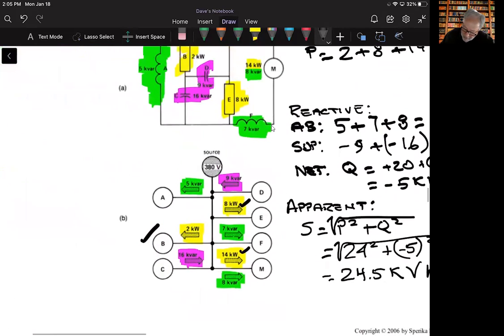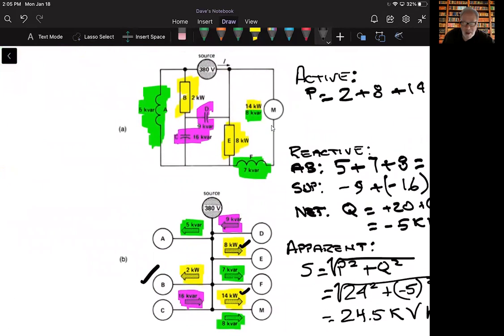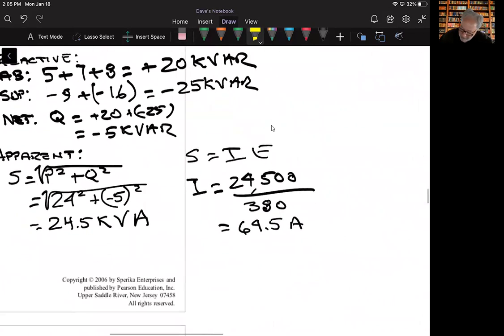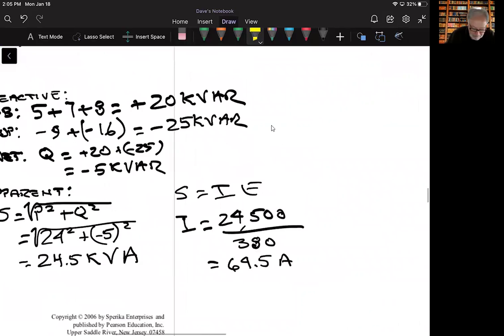Wow, that was really pretty easy when you think about the complexity of that circuit. That is the total current that the source provides. If I'm providing circuit protection for that, then I know the value, for instance.